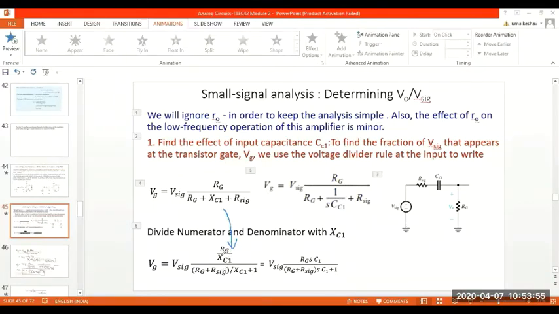And instead of XC1, I am substituting XC1 as 1 by S into C1. So what will I have in the numerator? S C1 into RG, over RG plus R sig into S C1 plus 1. So this will be the simplification.